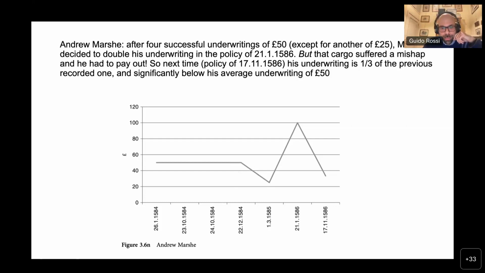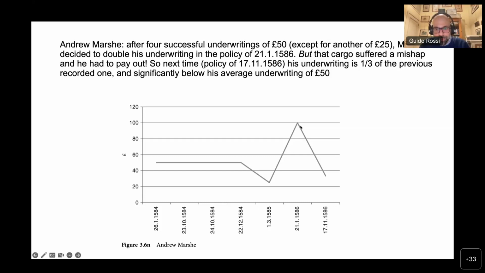So emboldened by this string of successes, Mr. Marsh then doubles his usual bet. Instead of insuring for £50, he decides to cover £100 in the risk. This is a lot, and here actually his good luck ceases, because we know that this policy didn't go well. The ship had a very serious mishap, and nearly all the cargo was lost.